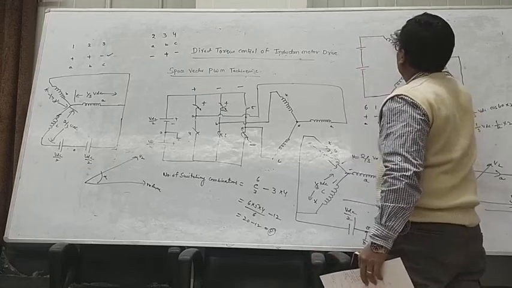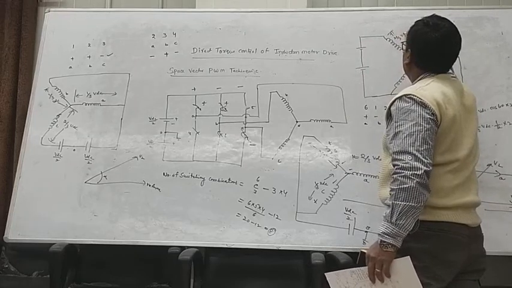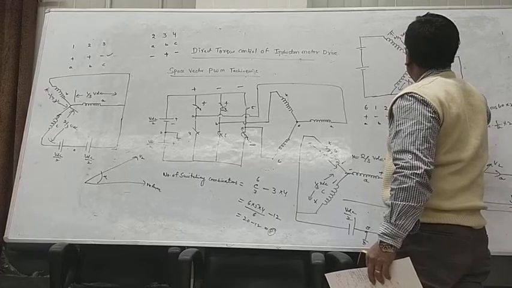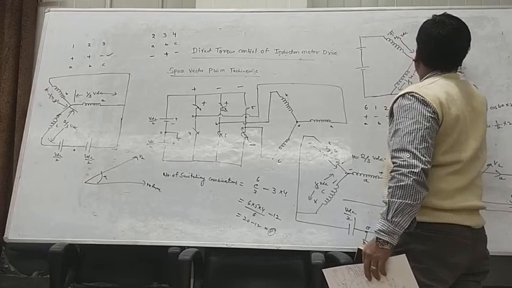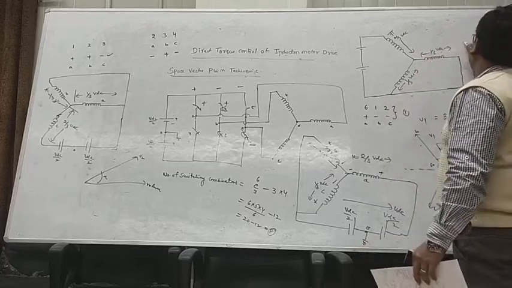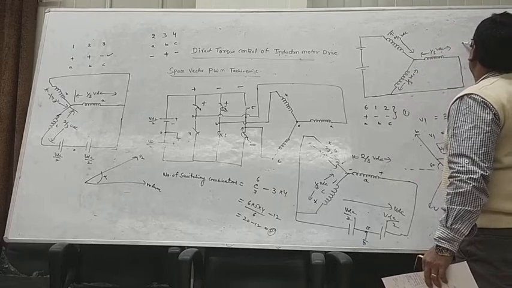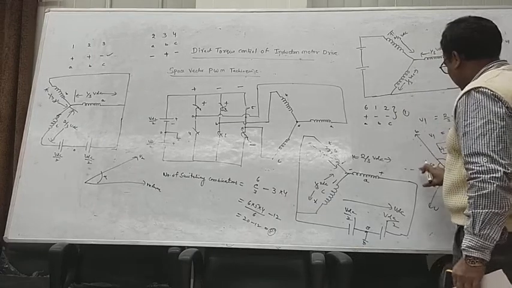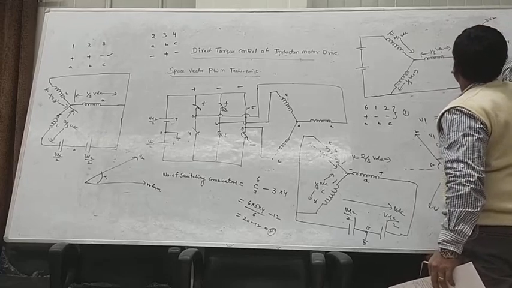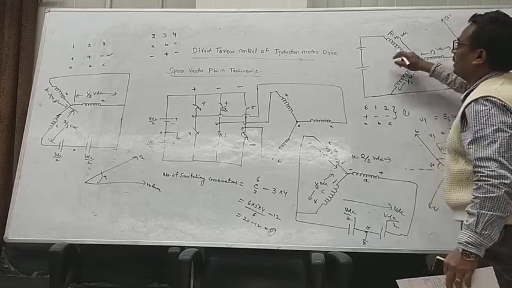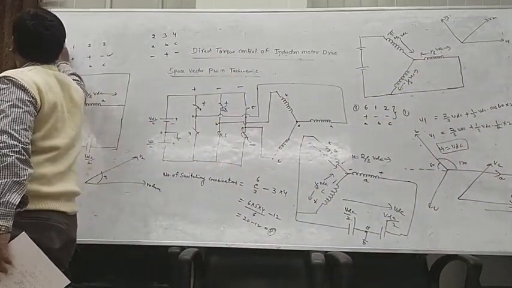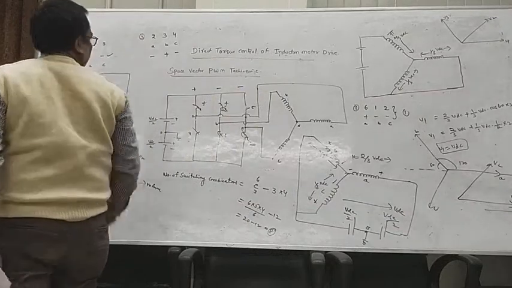So this is 2 by 3 VDC, this is 1 by 3 VDC, and this is 1 by 3 VDC. Now the resultant vector, if you take this as the reference value, this is V1, the first case, the second case is V2, and this is now the third one, V3. This is the first combination, this is the second combination, and this is the third combination.